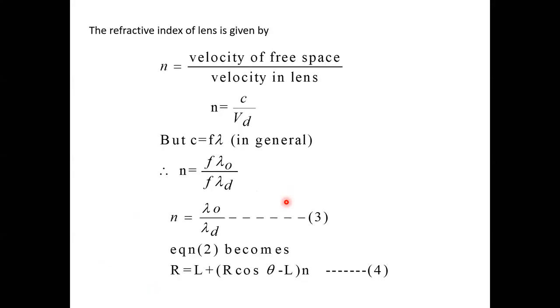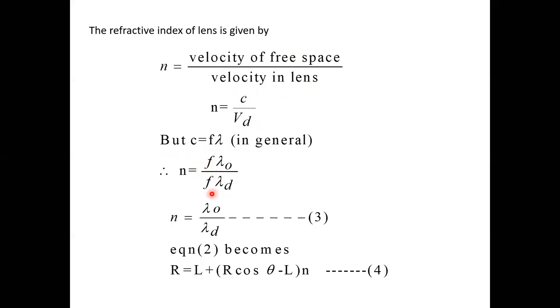Next, we can also write the refractive index of the lens. Usually the refractive index is given by the velocity in free space divided by the velocity in the lens. So n is equal to C divided by Vd. We also know that C is equal to F into lambda, so C can be written as F into lambda naught and Vd as F into lambda d.